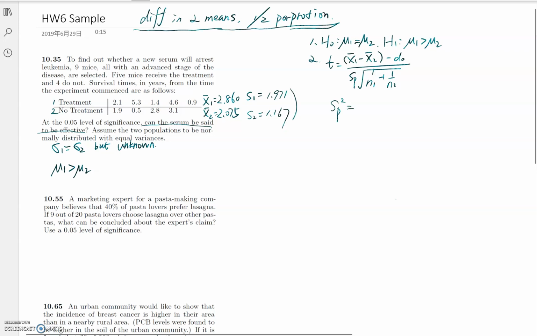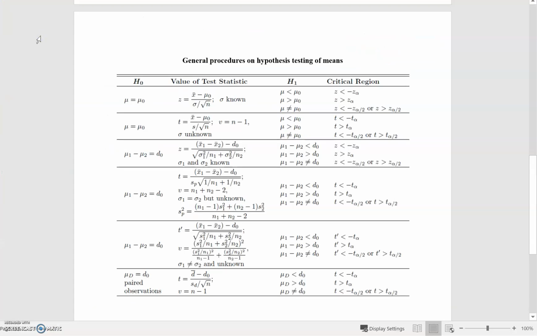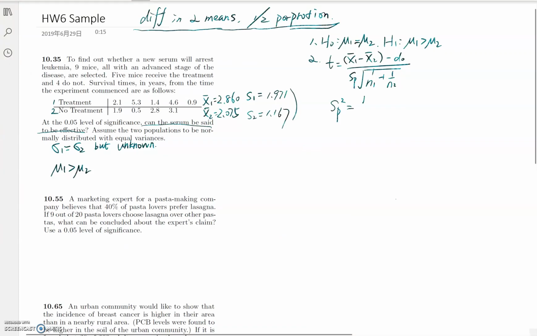Sp square equals n1 minus 1 times s1 square plus n2 minus 1 times s2 square, divided by n1 plus n2 minus 2.